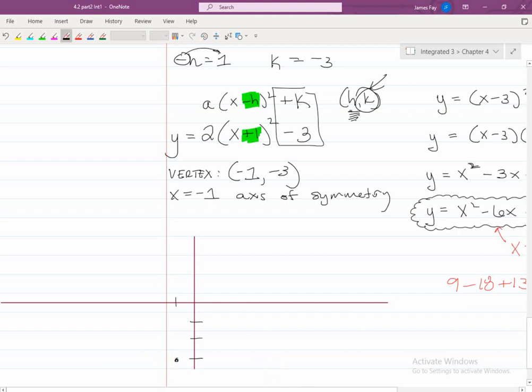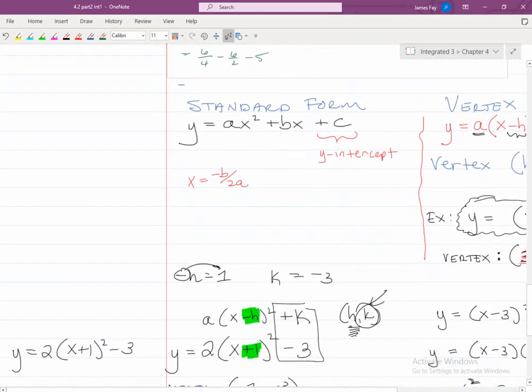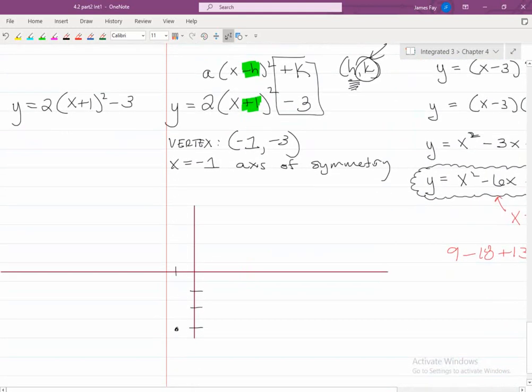Now, the one thing about this type of format is that it's a little bit more work to find the other points. If I want to find the y-intercept, when we were up here in standard form, the y-intercept was just the c term, right? Well, down here, we don't have a c term. We can't just pluck off one of these numbers and have that be my y-intercept.